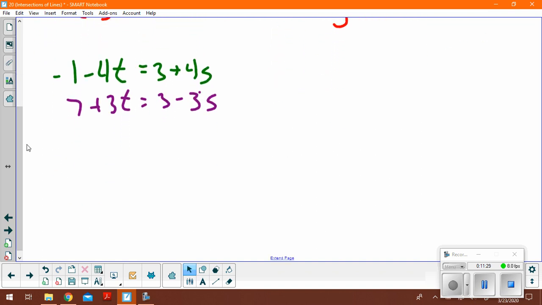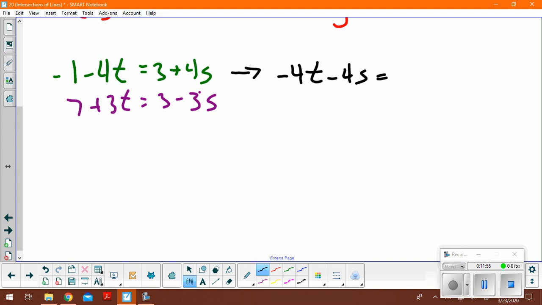Maybe that's not going to be super nice, but I'm going to rearrange first, so that might help me here. My top row, when I bring the 4s over, I'm going to have -4t minus 4s is equal to 4. That's nice.